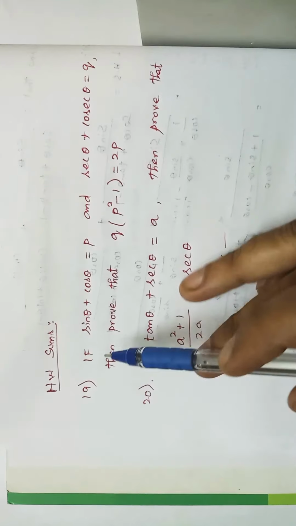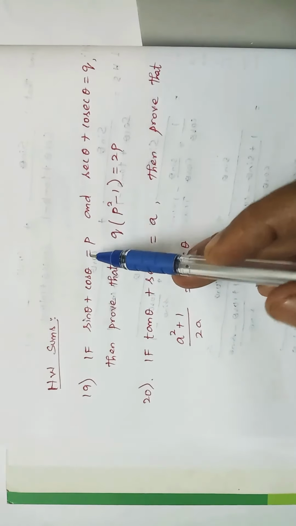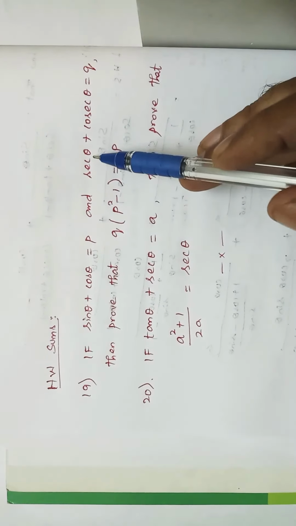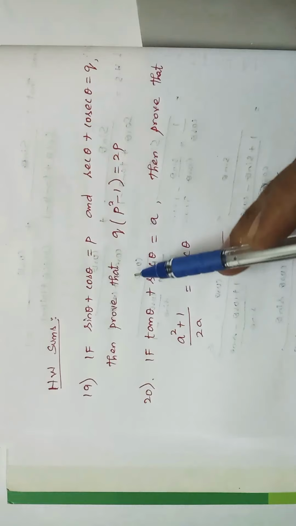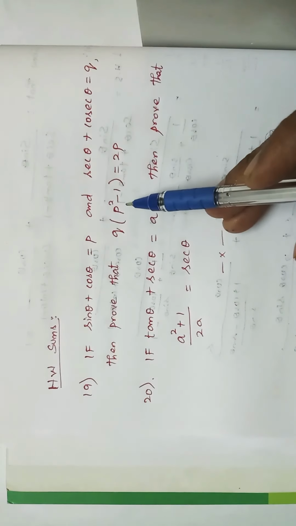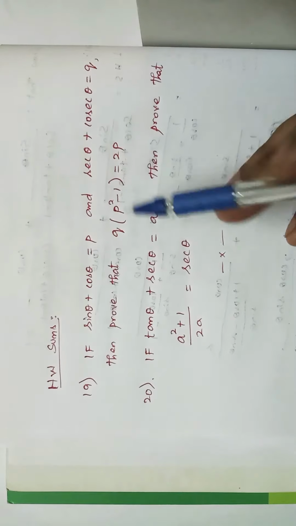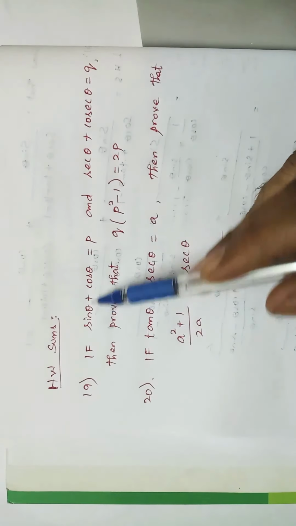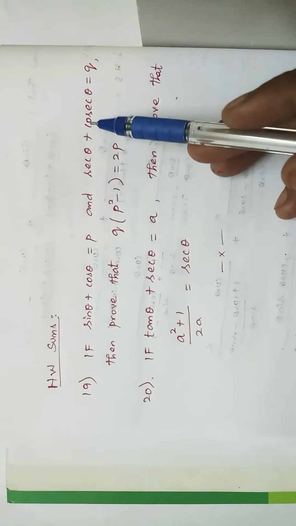Sum number 19. If sin theta plus cos theta is equal to P and sec theta plus cosec theta is equal to Q, then prove that Q into P square minus 1 is equal to 2P, right? I already told you that. P is nothing but sin theta plus cos theta, but Q is sec theta plus cosec theta.